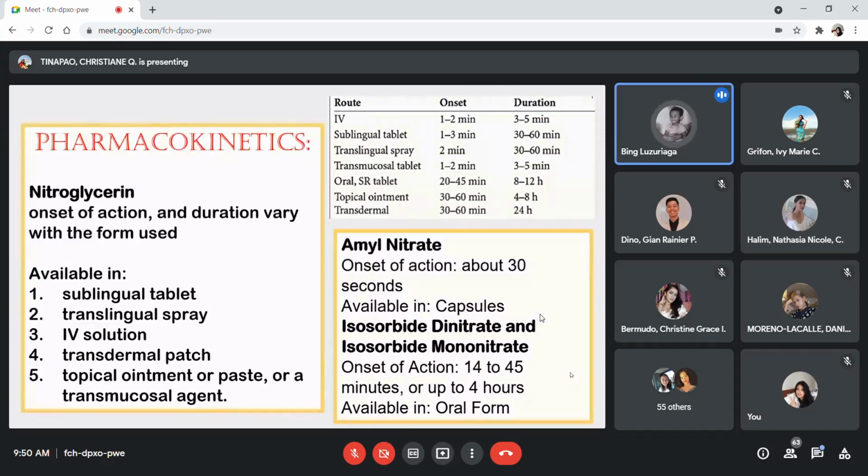We have discussed this already. The cyclic GMP will promote vasodilation. So again, the mechanism of action of nitroglycerin is that it is a nitric oxide donor. The same is true with isosorbide mononitrate and isosorbide dinitrate. Okay, next slide.